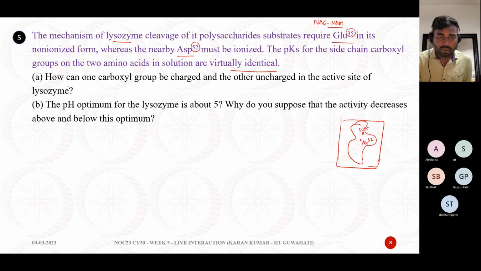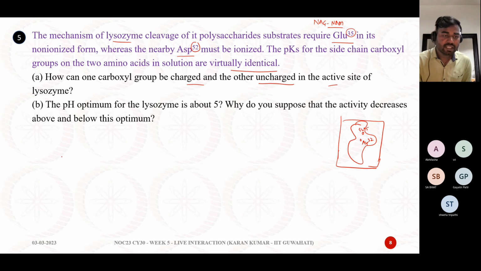But how is it possible, because glutamic acid contains a carboxylic acid, and aspartic acid also contains a carboxylic acid in its structure? Then how can one carboxylic acid be charged while the other is uncharged in the active site? Can somebody explain this phenomenon?